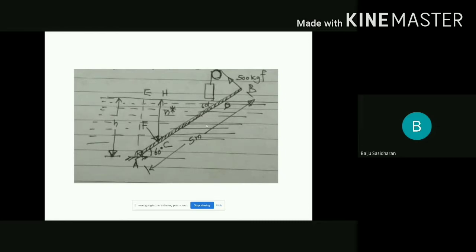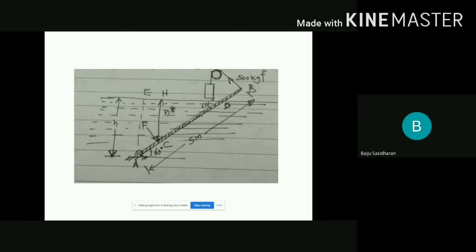And this is an elevation only, otherwise maybe it is a side view only. And this gate has its own width. It is hinged here, and only some portion of the gate is in wet condition, and the other is open to the atmosphere, open to the upper side.